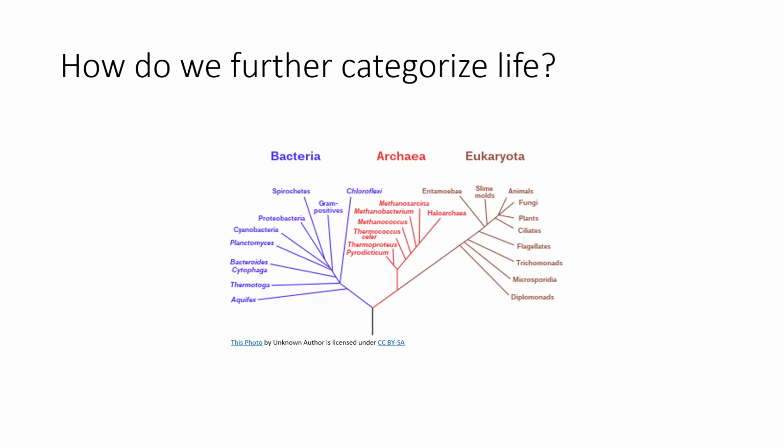And getting these sequences with this new technology, we have now adopted a 3-domain system. So these are the 3 domains of life. Bacteria, Archaea, and Eukaryota. Eukaryota can also be called Eukarya.